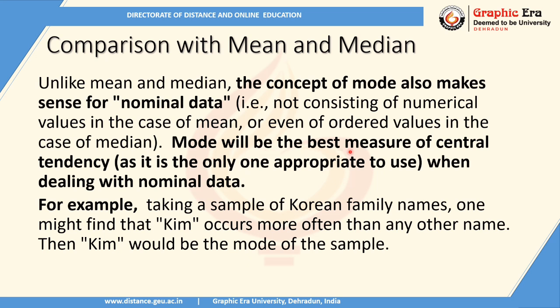Mode will be the best measure of central tendency, as it is the only one appropriate to use when dealing with nominal data. For example, taking a sample of Korean family names, one might find that Kim occurs more often than any other name. Then Kim would be the mode of the sample.